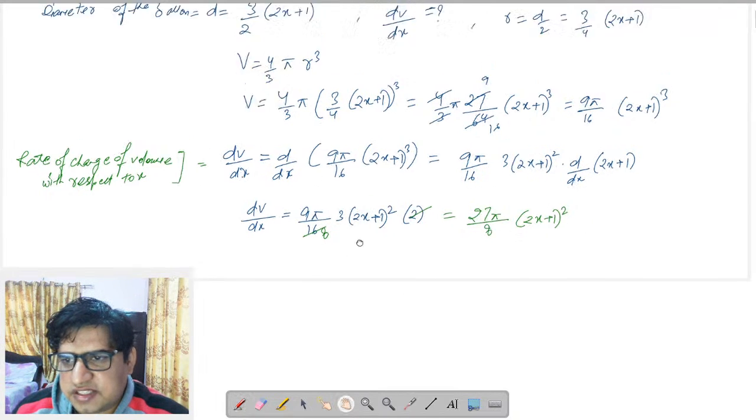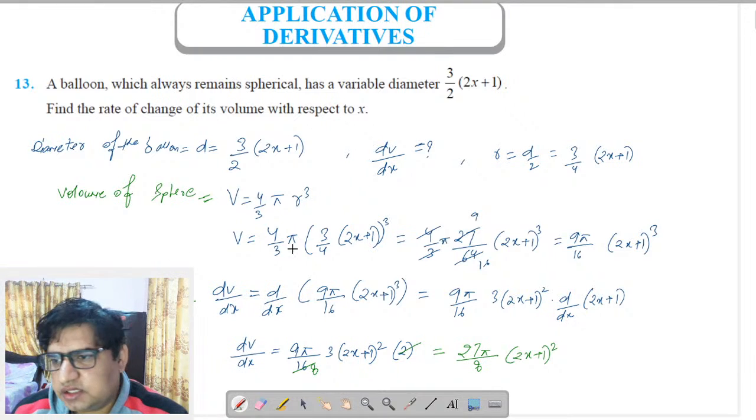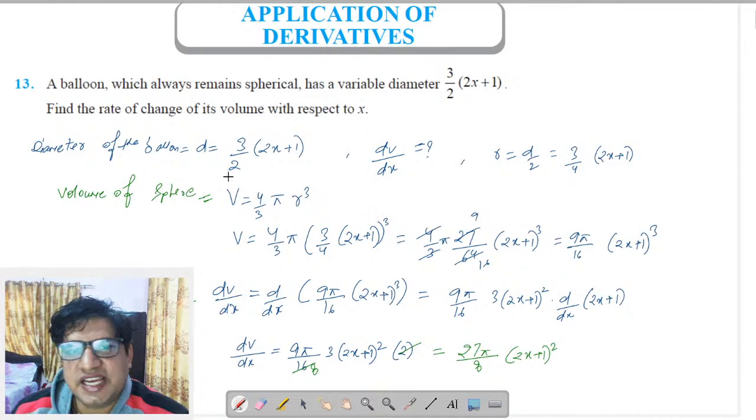And this is how we can fill in some lines. And before here we can write volume of sphere. So this is the formula for volume of sphere. This is how we can simply fill in some lines, and this is how we can solve. Okay, and I hope you have understood.